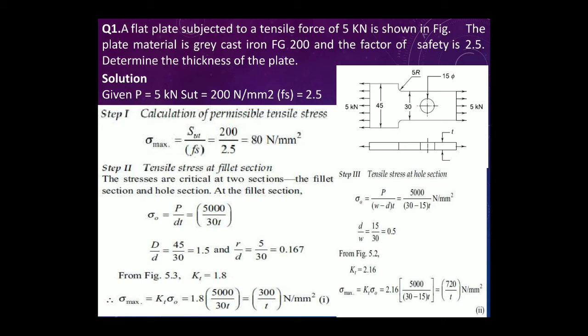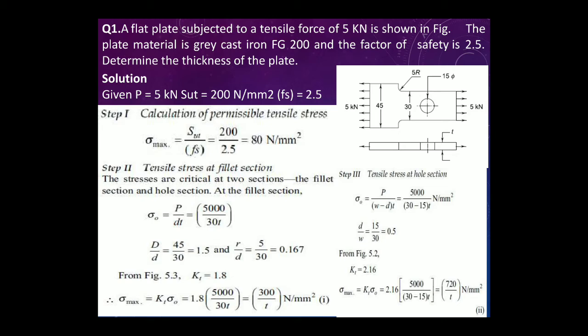So next, in step 2, we will calculate the tensile stress at the fillet section. Now the stresses are critical at two sections, the fillet section and the hole section. So in this step we will see the stresses at the fillet section.